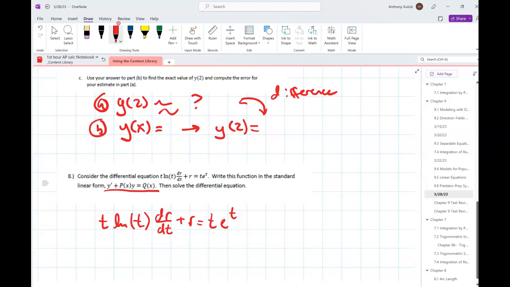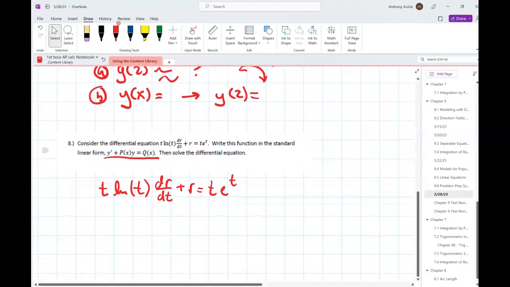The dr dt is my y prime. So the first thing I'm going to do is divide both sides by t over the natural log of t.